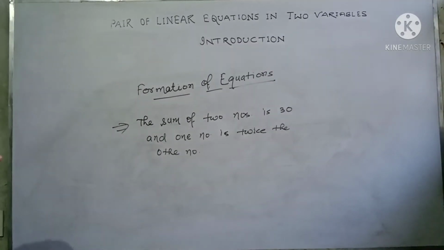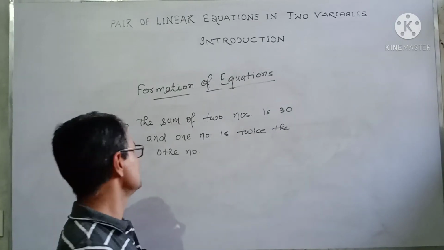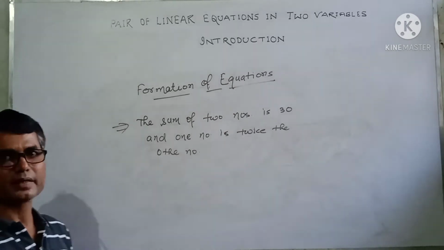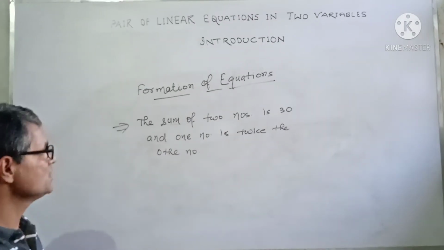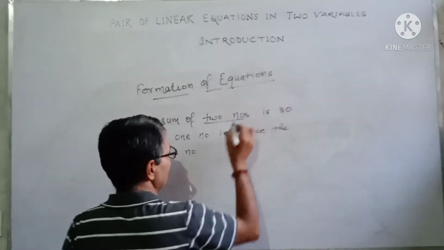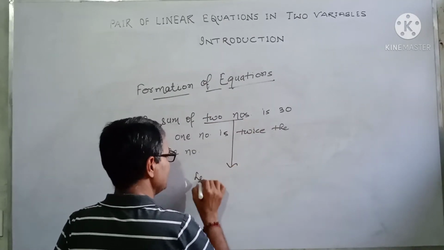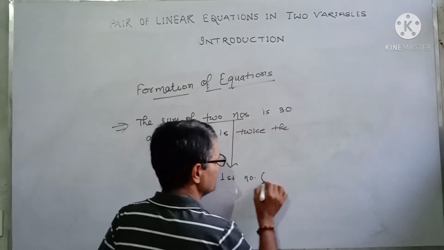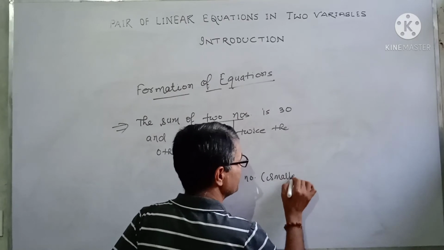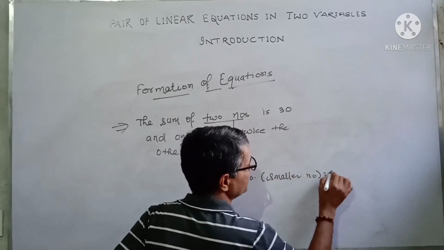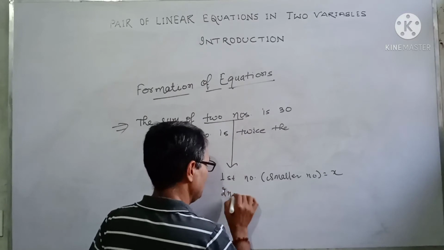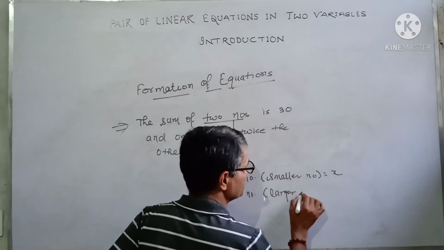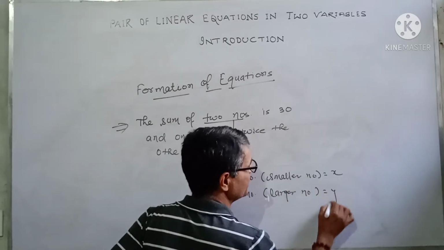The given condition is the sum of two numbers is 30 and one number is twice the other number. There are two numbers. Let the first number, I mean the smaller number, be x and the second number, that is the larger number, be y.